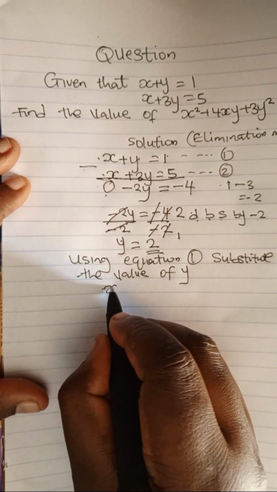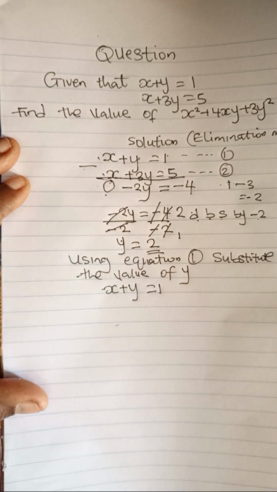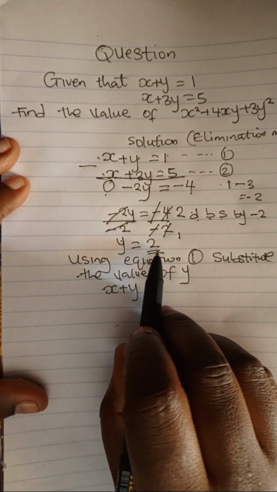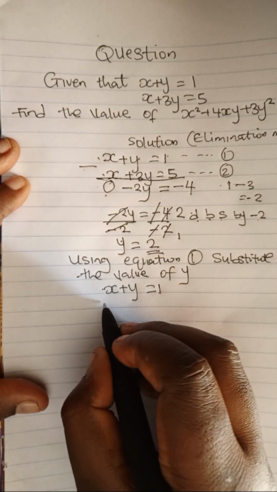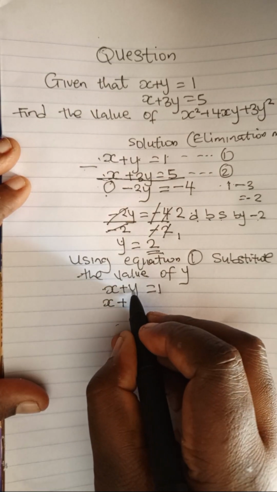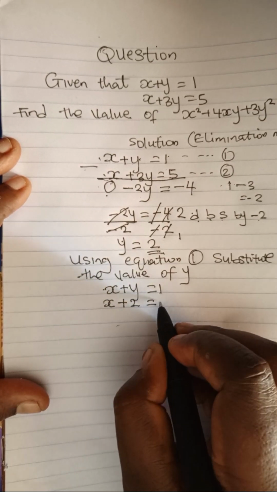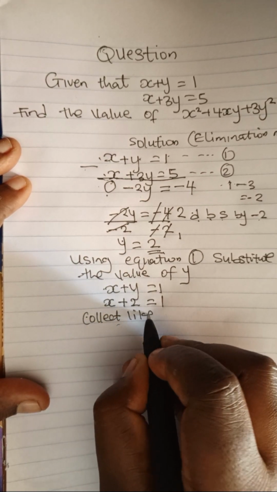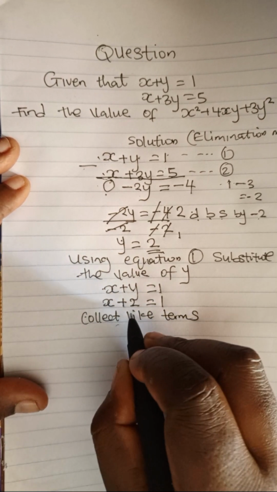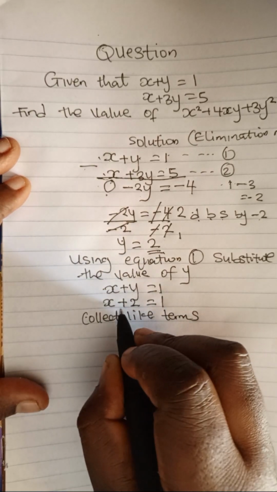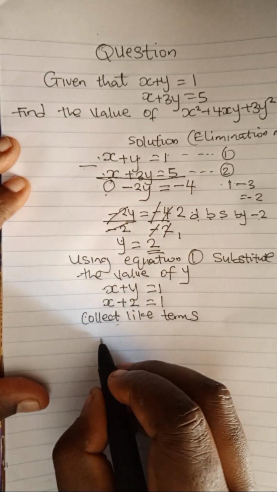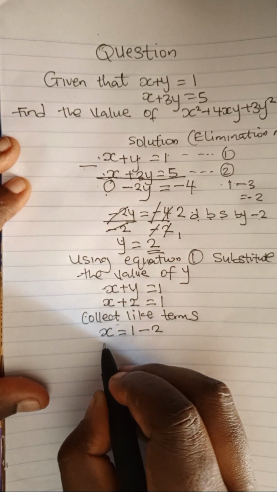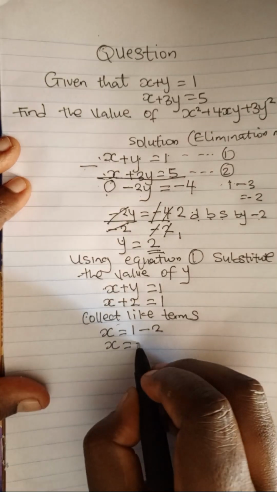Equation 1 is written as x plus y equals 1. Anywhere we see y, we put the value, which is 2. So we have x plus 2 equals 1. Collecting like terms, we move 2 to the other side. It is plus here, so it changes to minus. So we have x equals 1 minus 2. So the value of x is equal to minus 1.